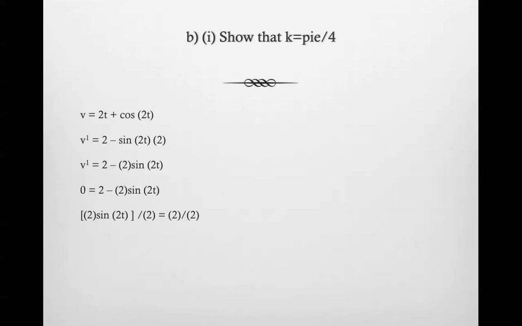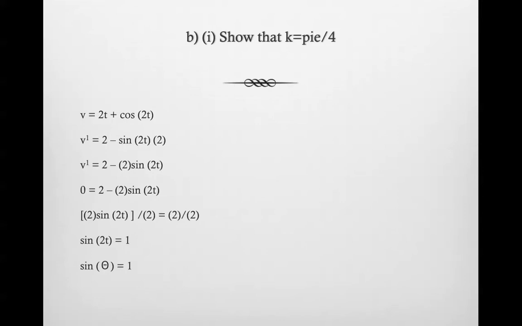And then we get 2 sine 2t over 2 equals 2 over 2. Therefore, sine 2t in fact equals 1. So at this point, we can't really go any further. So we're going to sub in theta for 2t. So it becomes sine theta equals 1.